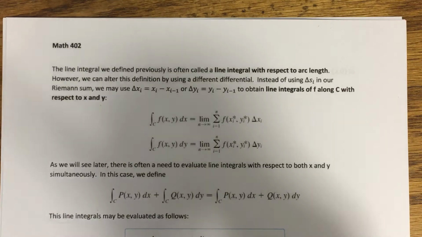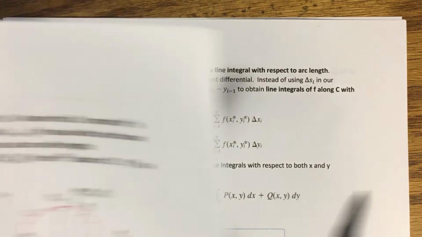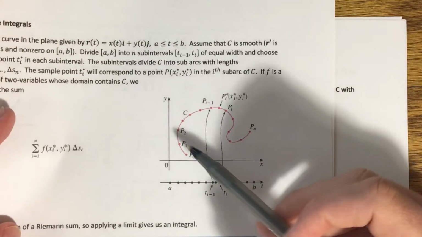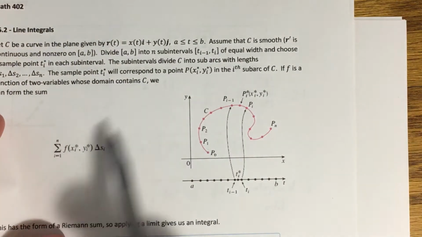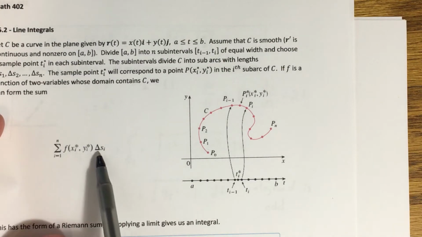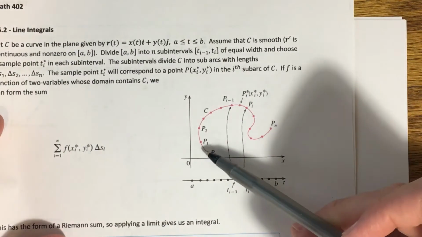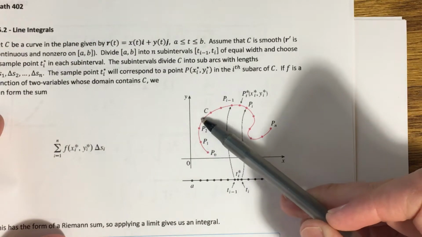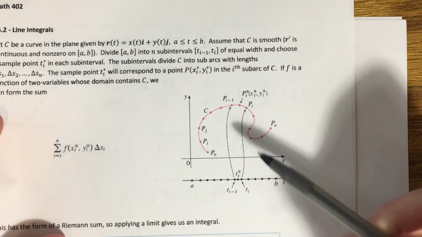So what I'm going to do, I'm going to refer back to this picture right here. When we defined our line integral as the limit of this Riemann sum as n goes to infinity, these delta si's corresponded to the length of each individual subarc.